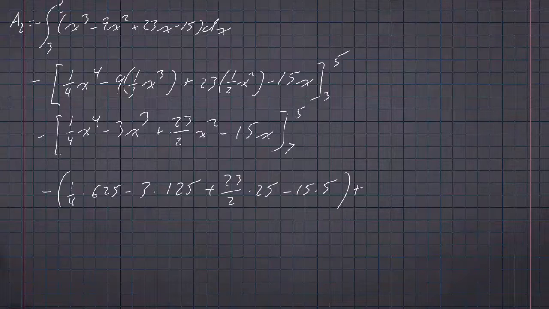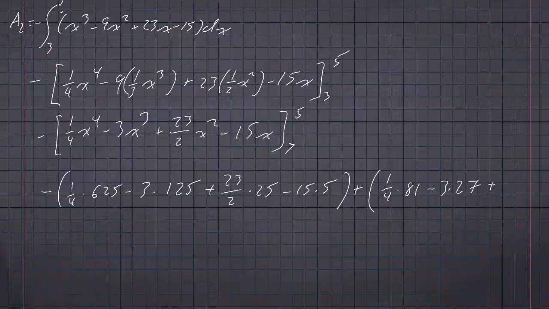And then we have the 3's, which are actually something we already did. 3 to the fourth is still 81. 3 cubed is still 27. And I kind of ran out of room for the 15 times 3 at the end of that line. But it'll make sense when I actually do the calculations in the next line.